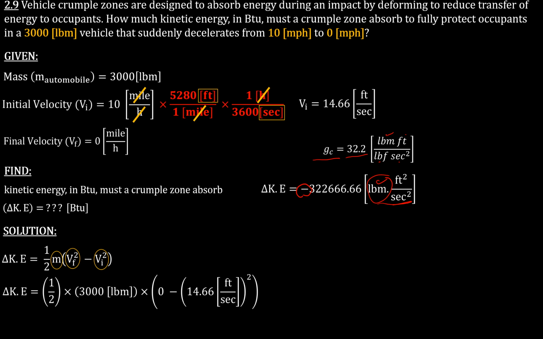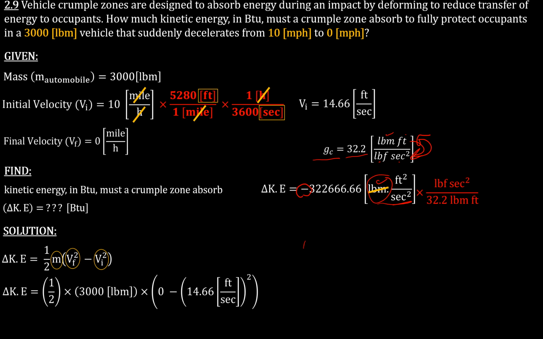It will become pound mass squared, and we want to get rid of the pound mass. So in this case, we will divide the kinetic energy by the gravitational constant and flip the unit. Whatever is in the bottom becomes the top, and whatever is in the top will be in the bottom.